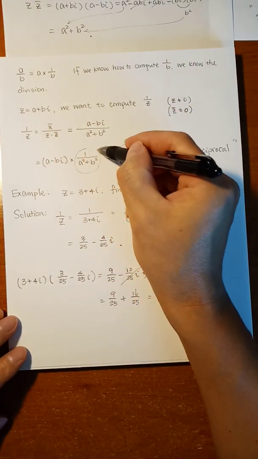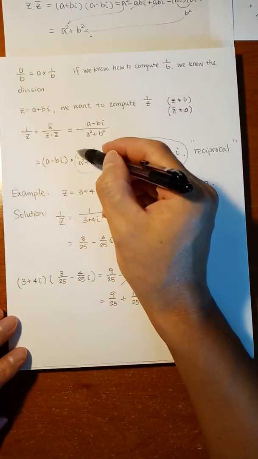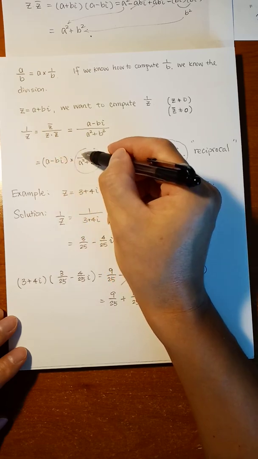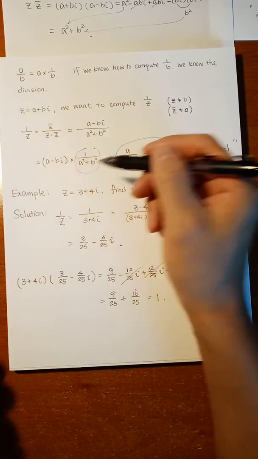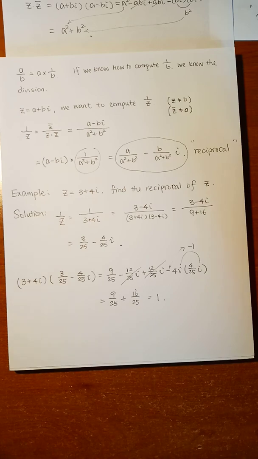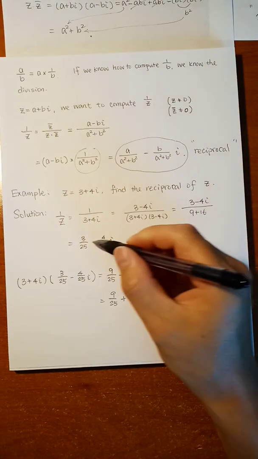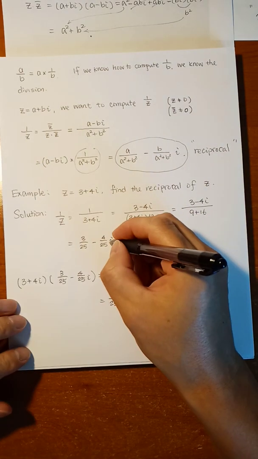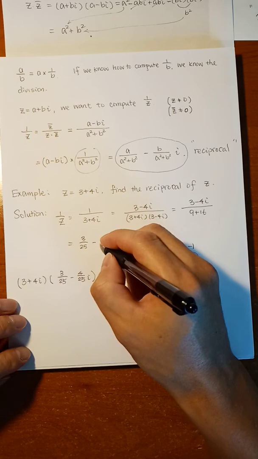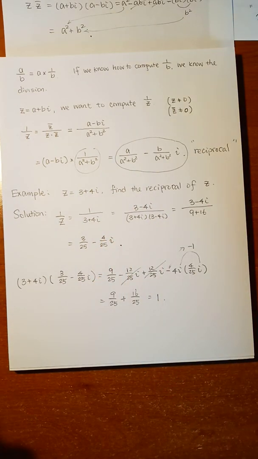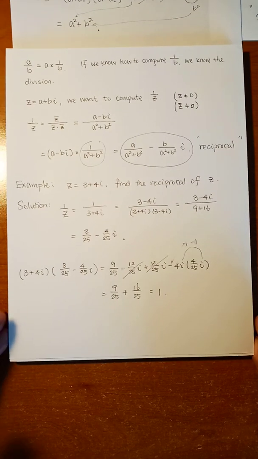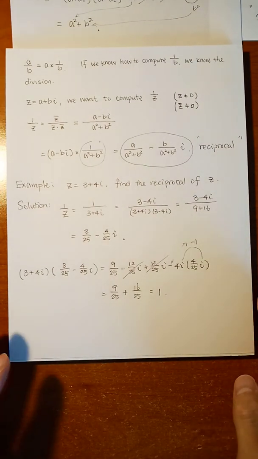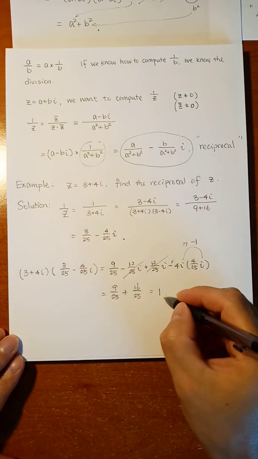It's like a real number times a complex number: the real part times the real number, and the imaginary part times the real number. So this is the reciprocal of a complex number in standard form. You get it? It's a little bit more complex than the real numbers.